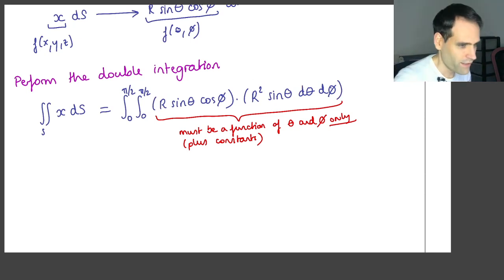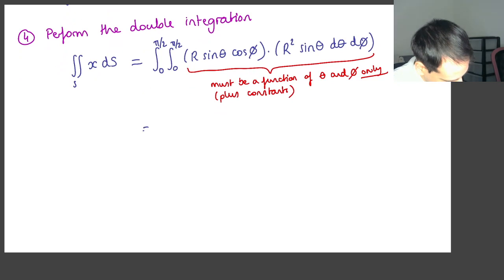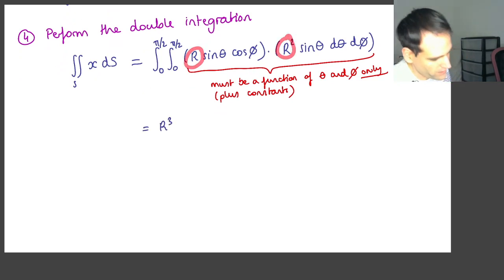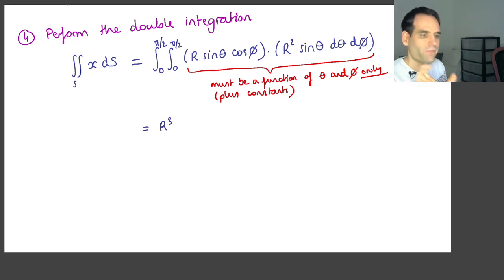Let's do it. We can keep the r cubed outside, because that is a constant. Then we have a function of theta multiplying a function of phi, so we can do separation of integrals.